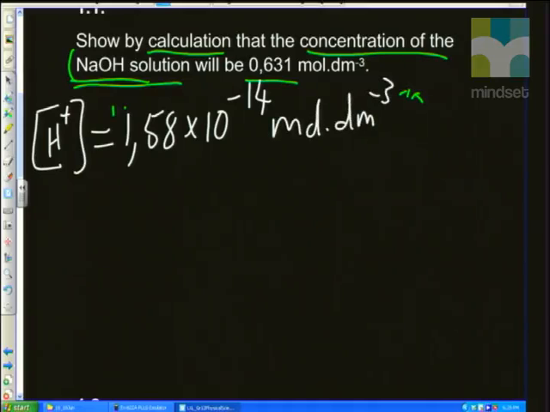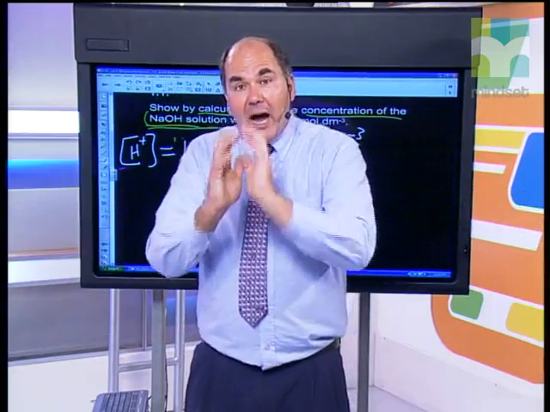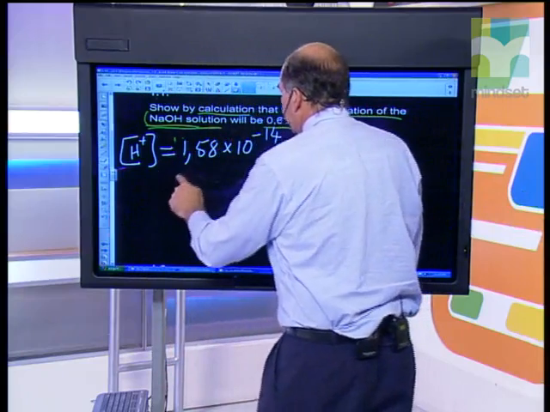Okay. Now, have a look at what's happening inside this solution. The solution is sodium hydroxide, which was a solid, and it's been dissolved in water. What's it done? I've increased the hydroxide ion concentration. Therefore, I reduced the hydrogen ion concentration. Let me explain that to you again.